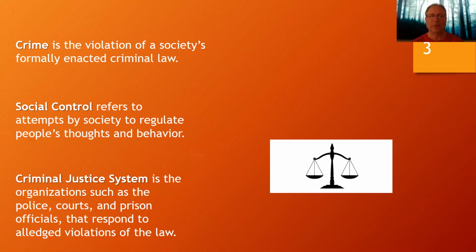And finally, the criminal justice system is the organizations such as the police, courts, and prison officials that respond to alleged violations of the law. Deviance is seen as threatening because it undermines the predictability and foundation of social life.